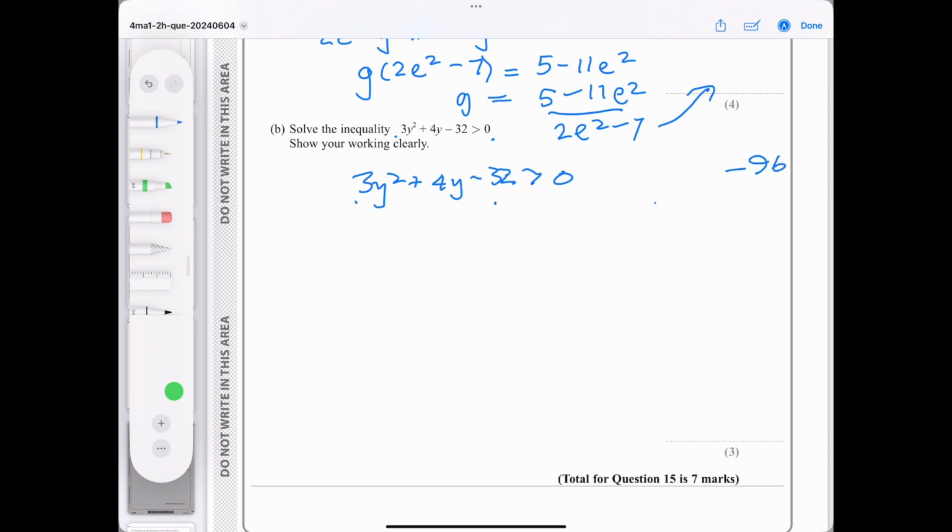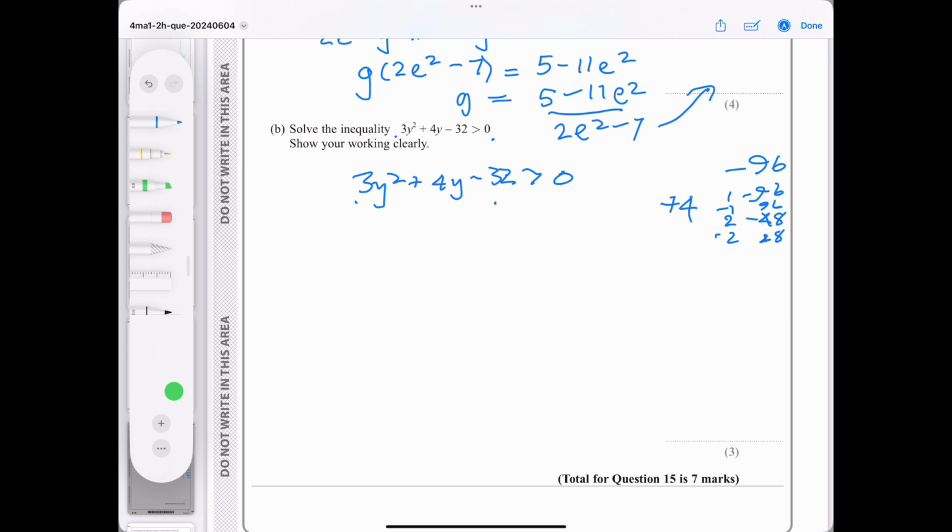Something has to multiply to minus 96 and add to 4.